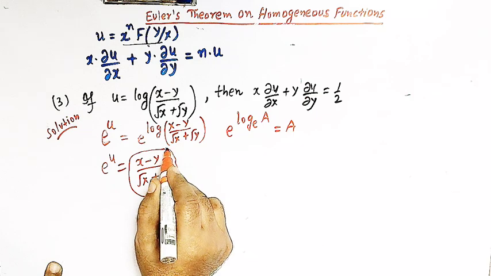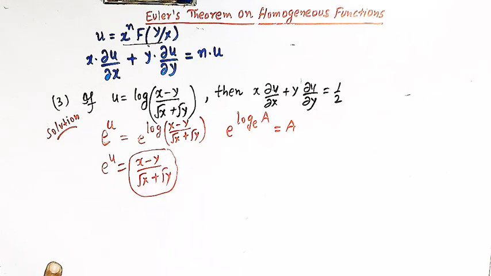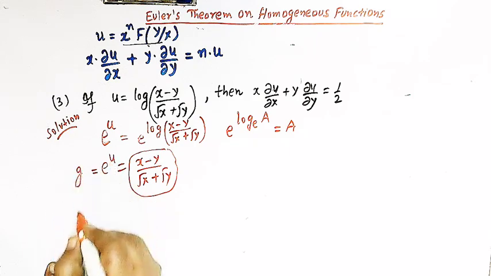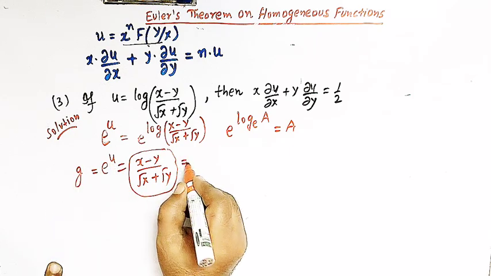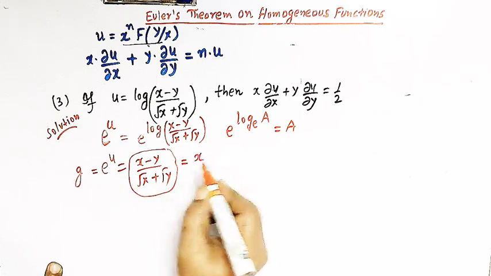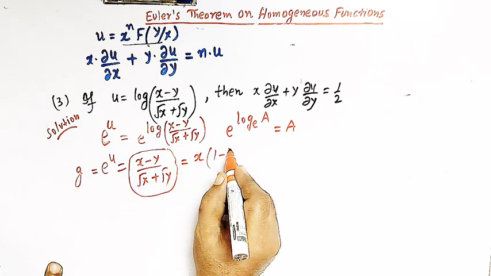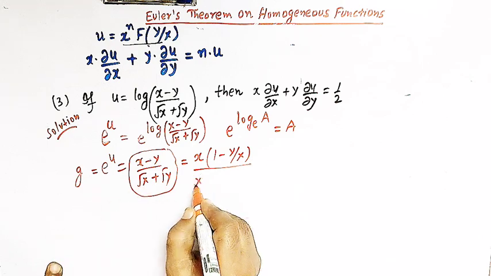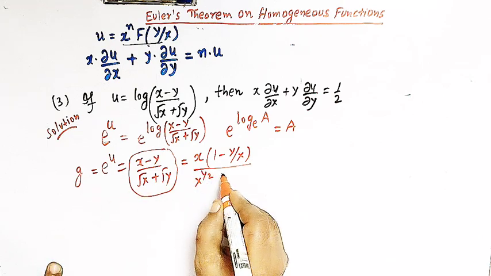function is a homogeneous function of degree half, right? So let us take e raised to u as a function, say g, and taking x common in the numerator, we have 1 minus y over x, and in the denominator let us take x raised to half common.